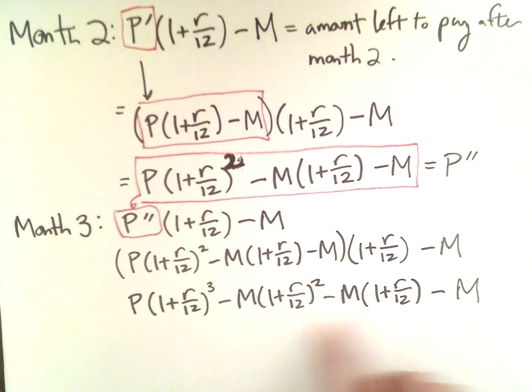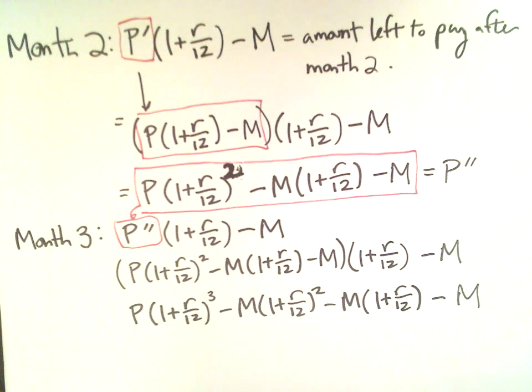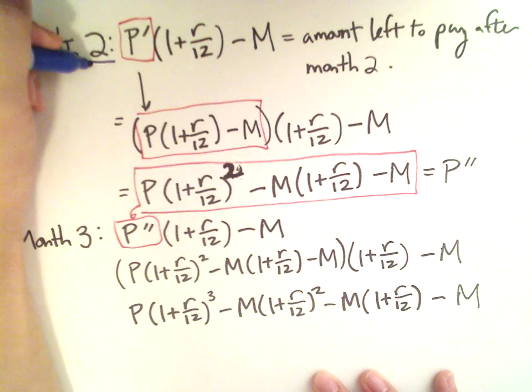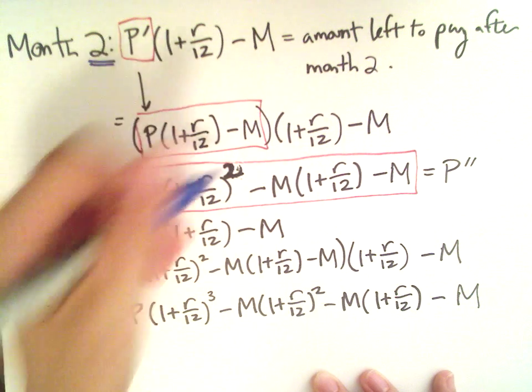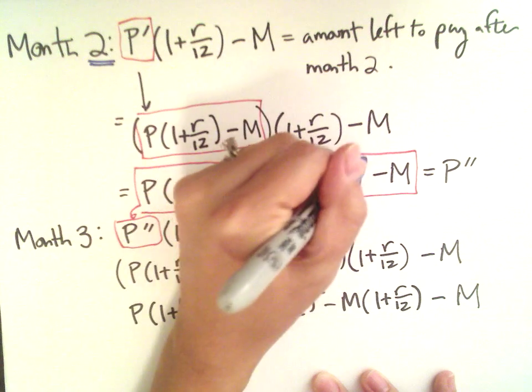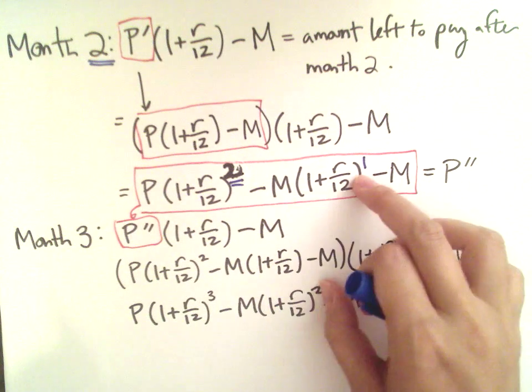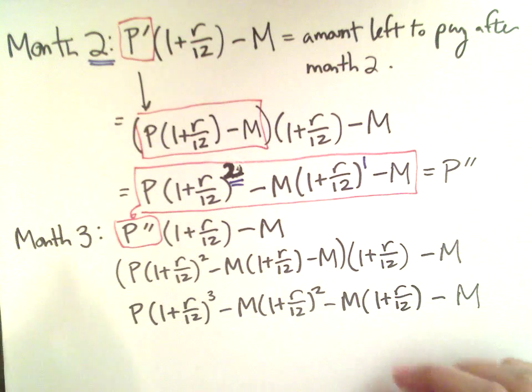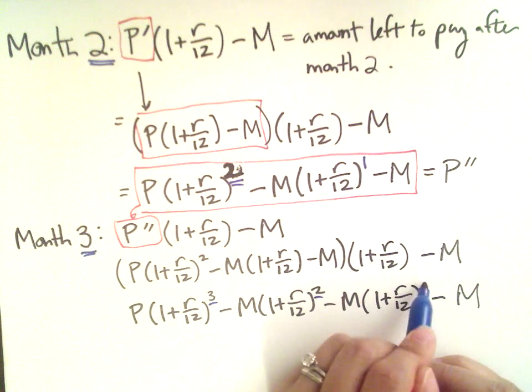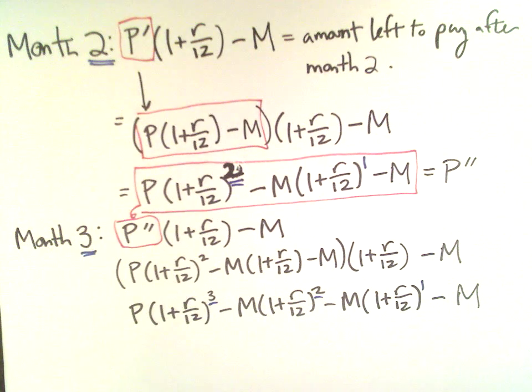So that's month 3, and we're starting to see a pattern. So let's use blue here. Here's month 2, and notice it goes 2 and then the first power and then technically the 0th power out here. This is month 3, and if you look at this, it starts with a 3 here, and then it goes down to 2 into the first power and then down to the 0th power. So we're starting to see a pattern.